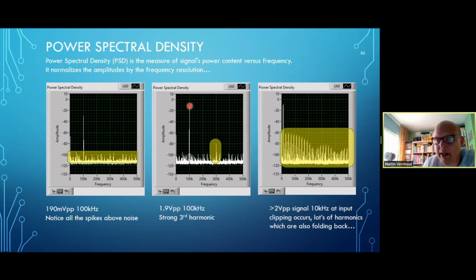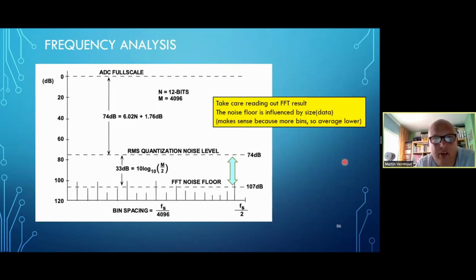And if we make the signal too strong, so if we apply more than 2 volts peak to peak on an ADC which is capable of sampling 2 volts peak to peak, you see a lot of higher frequency components being created, and that's because of clipping. So it does not look like a sine wave anymore, and then you need higher frequency components to counteract.